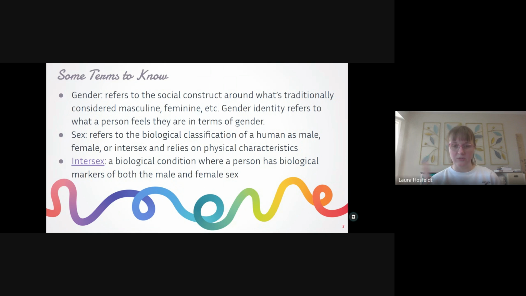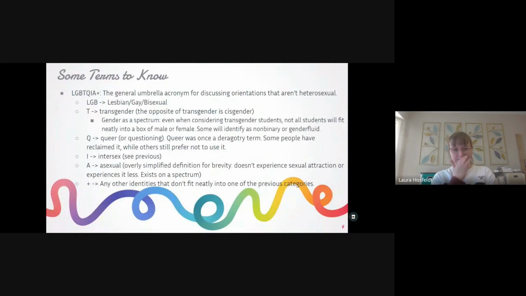It is possible to be born with reproductive parts from both systems, or chromosomes that would test as one sex in a blood test while you have the outward markers of another sex. So that is something that can exist. It's not super common in the population, but it is common enough that I want you to know that it is a thing, so you're not confused in case you ever encounter that.